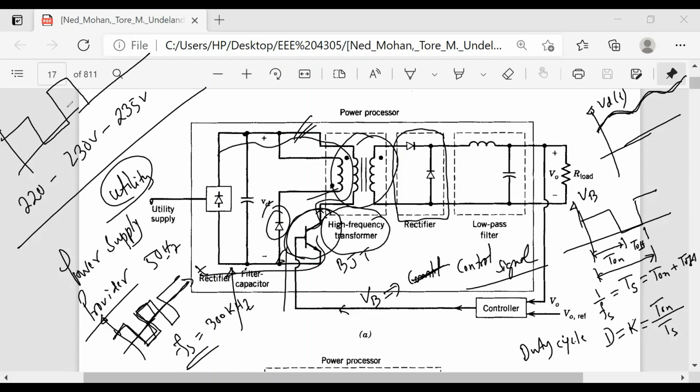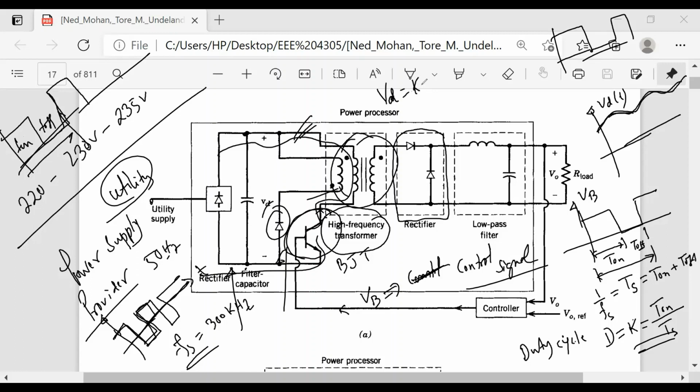Maybe they have considered only this one. So you will get this voltage, and by changing the T on and T off, your duty cycle will be changed. The output voltage will be your say VD.